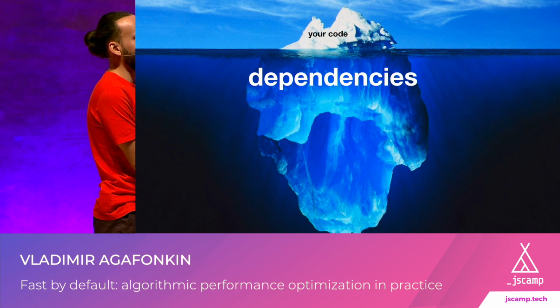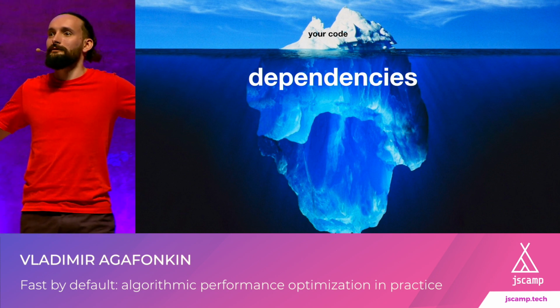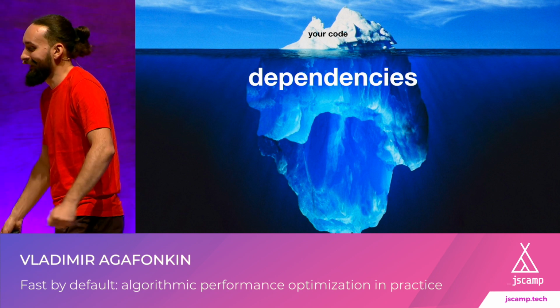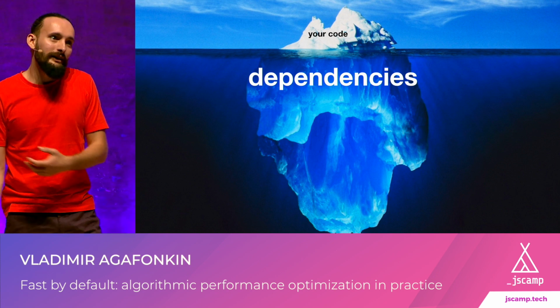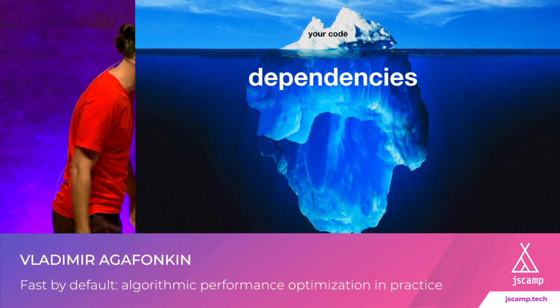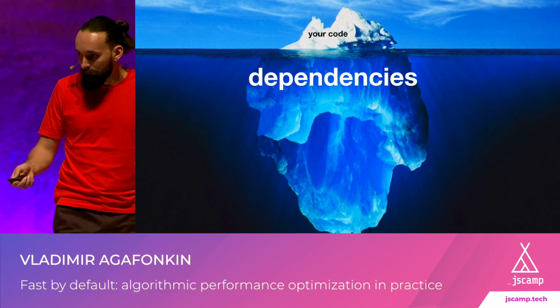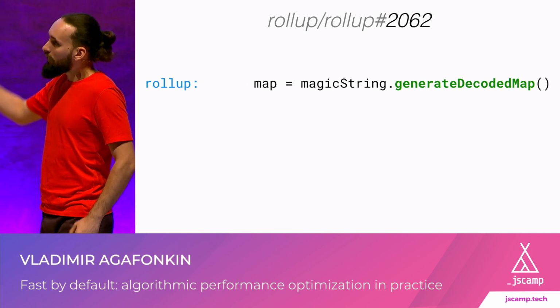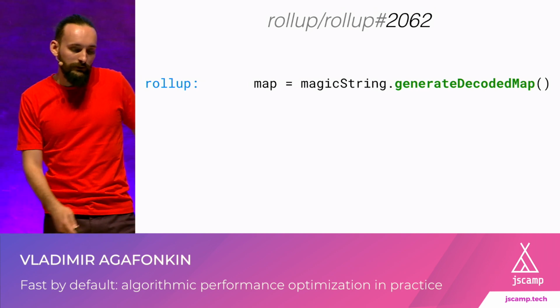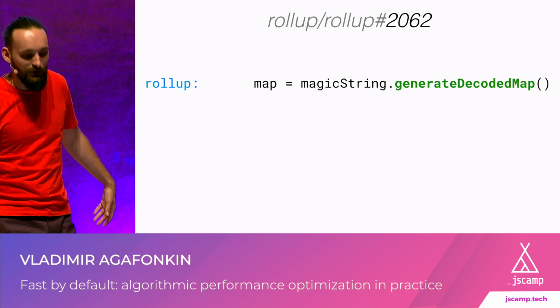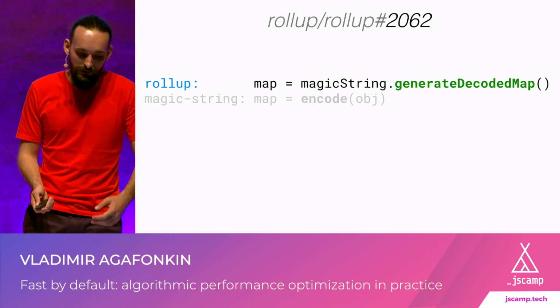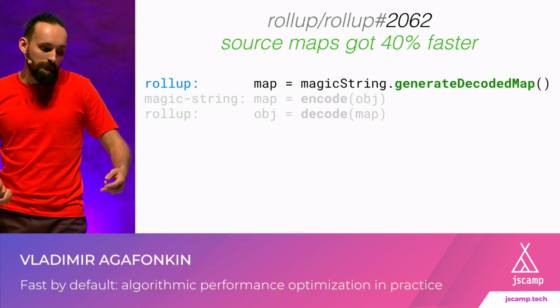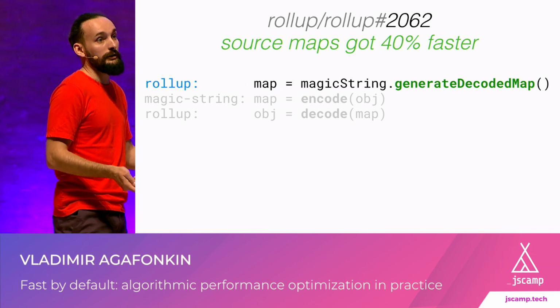And then they write an application in React, and it's still slow. What gives? So if you don't understand what happens under the hood, you will not understand the performance problem. So I made a separate method that returns a JavaScript object rather than a string, and we could just remove those two lines. And source map generation in Rollup got 40% better.